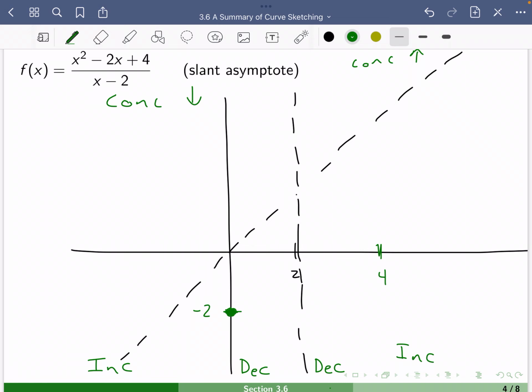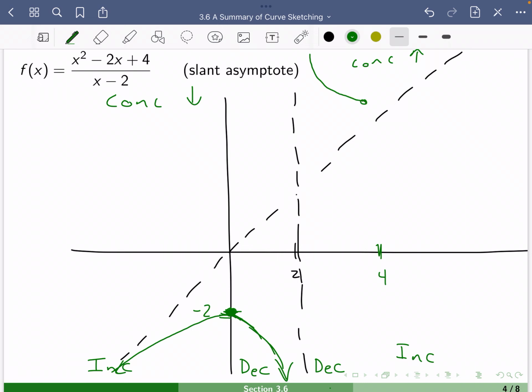From negative infinity up to 0, we are increasing but concave down. After 0, we start decreasing, but we're still concave down. So we have something that looks like that. We are decreasing and concave up here.